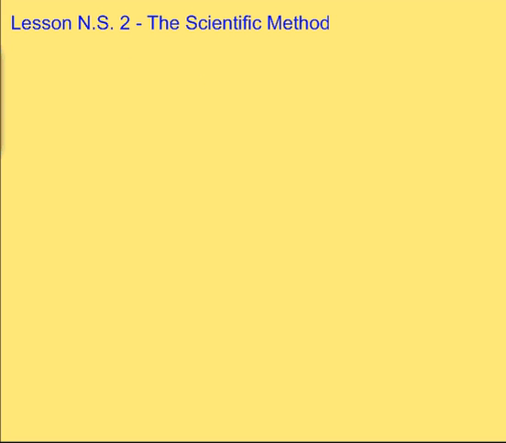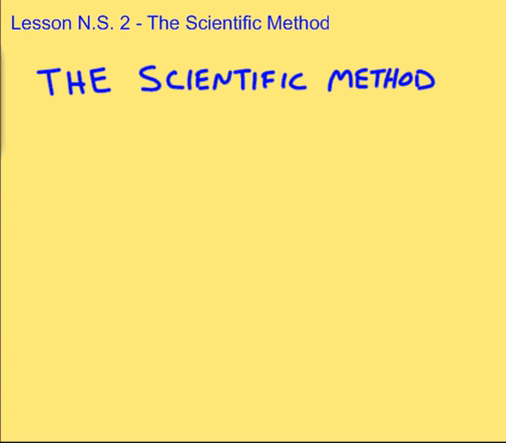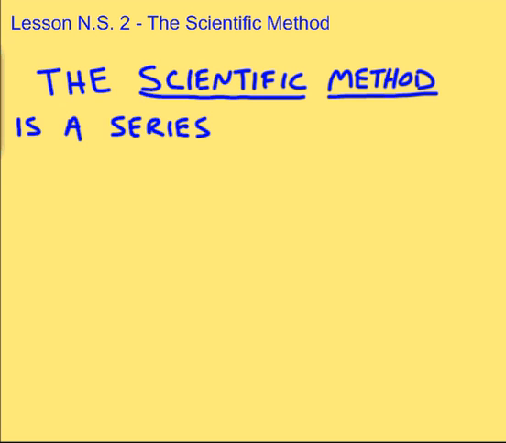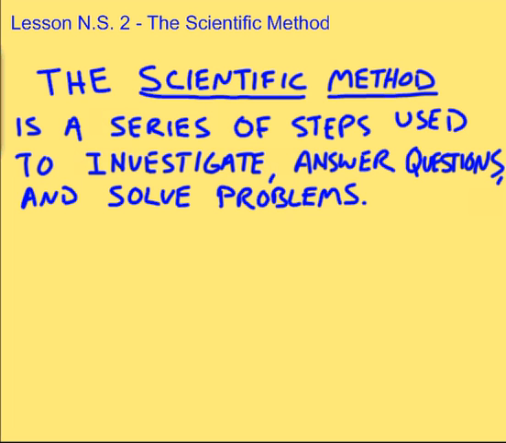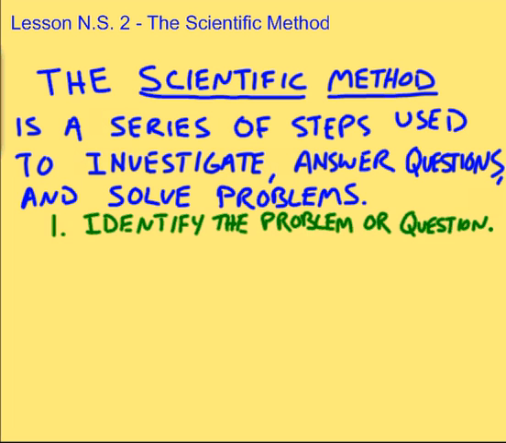Okay, so first a definition. The scientific method is a series of steps used to investigate and answer questions and solve problems. I break the scientific method down into 7 steps.